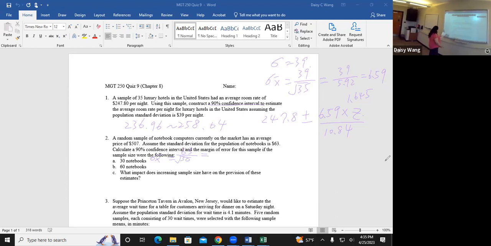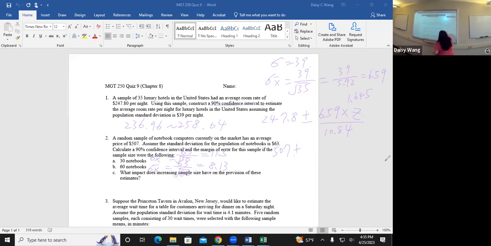So the first one would be 11.5. The second one is 63 divided by the square root of 60. So it will be 8.13.